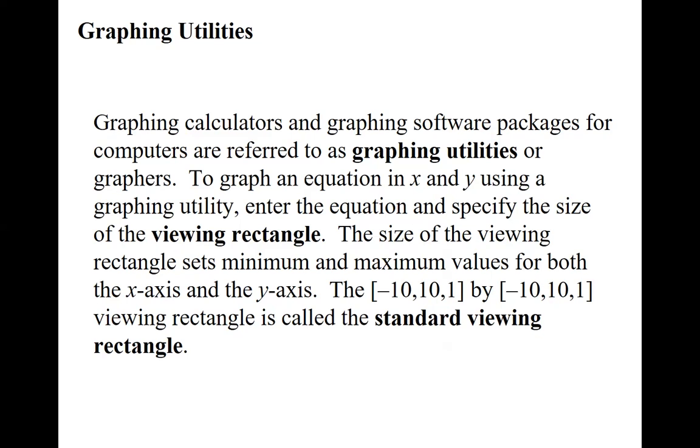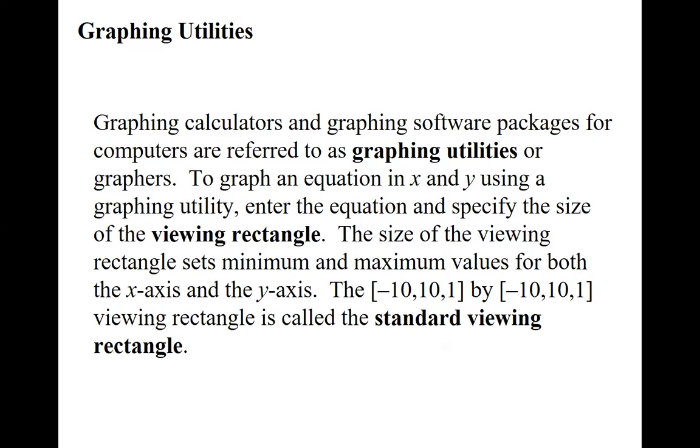When it shows you the graph, what are the values for X that you want to see? What are the values for Y that you want to see? The size of the viewing rectangle sets minimum and maximum values for both the X-axis and Y-axis.